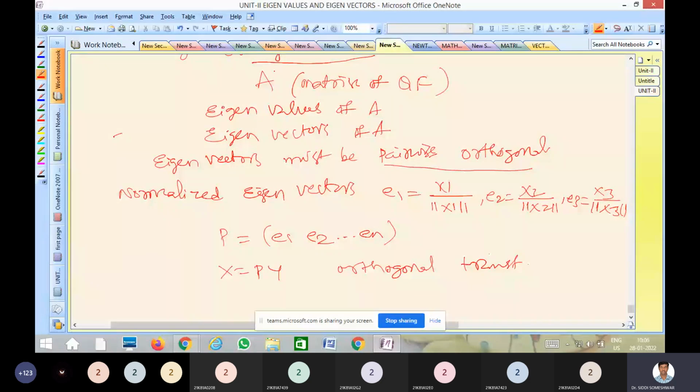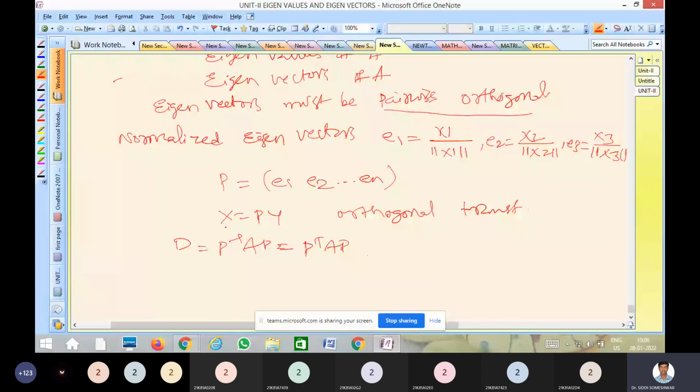Since P is orthogonal, P inverse equals P transpose. So the D matrix is P inverse AP, which is P transpose AP, where D is the diagonalized matrix.